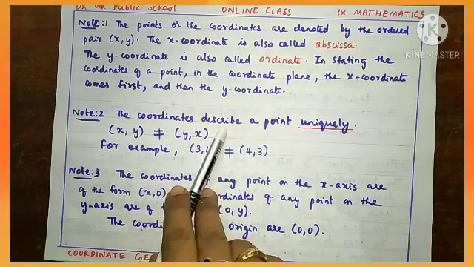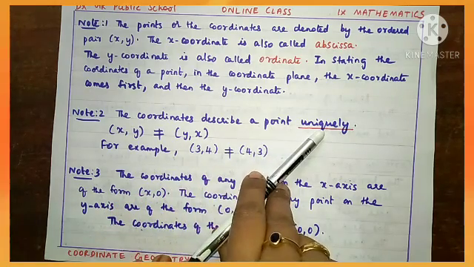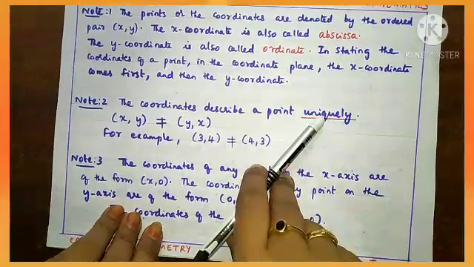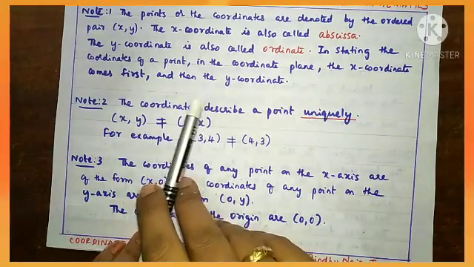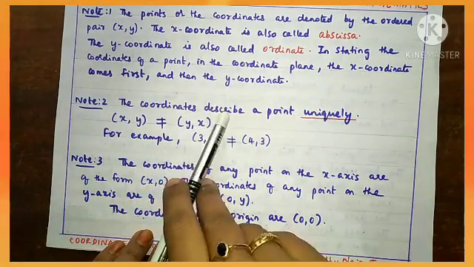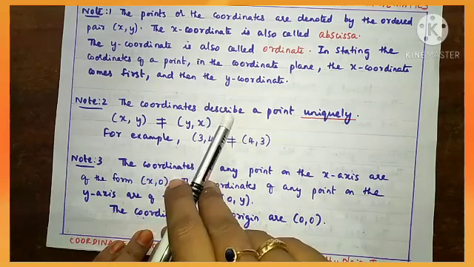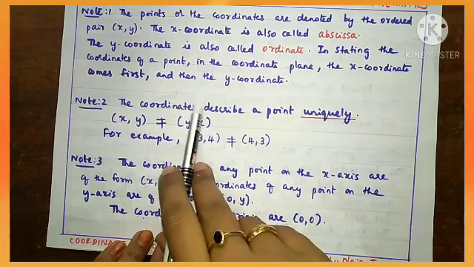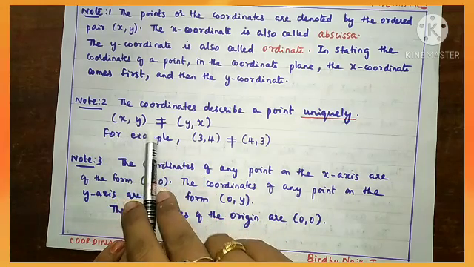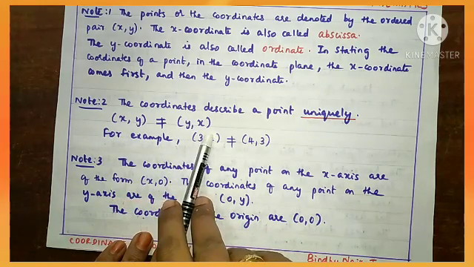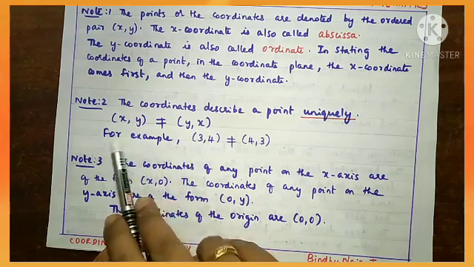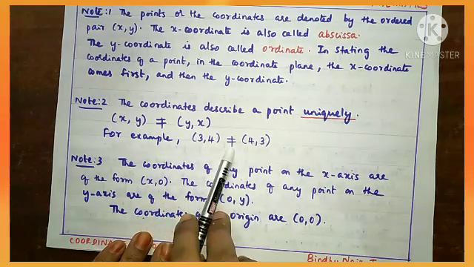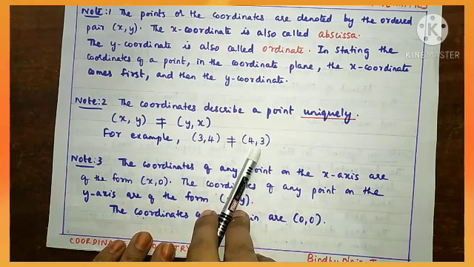What is the second point? The coordinates describe a point uniquely. What do you mean by unique? It has its own position. Each coordinate has its own unique position, and no other point will come there. The meaning is (x, y) is not equal to (y, x). For example, the coordinate (3, 4) is not equal to (4, 3).